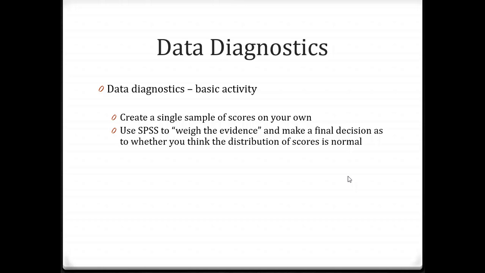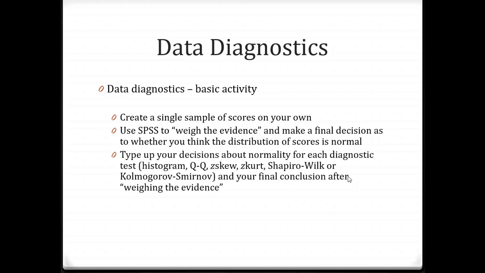Do the same thing with your kurtosis, convert it to a z-kurtosis value, compare it to 3.29, and make a decision. And then last, depending on how big your sample is, you're going to consult either the Kolmogorov-Smirnov test or the Shapiro-Wilk and use that hypothesis test to make a decision about whether it's normal or not. And then you will weigh the evidence.